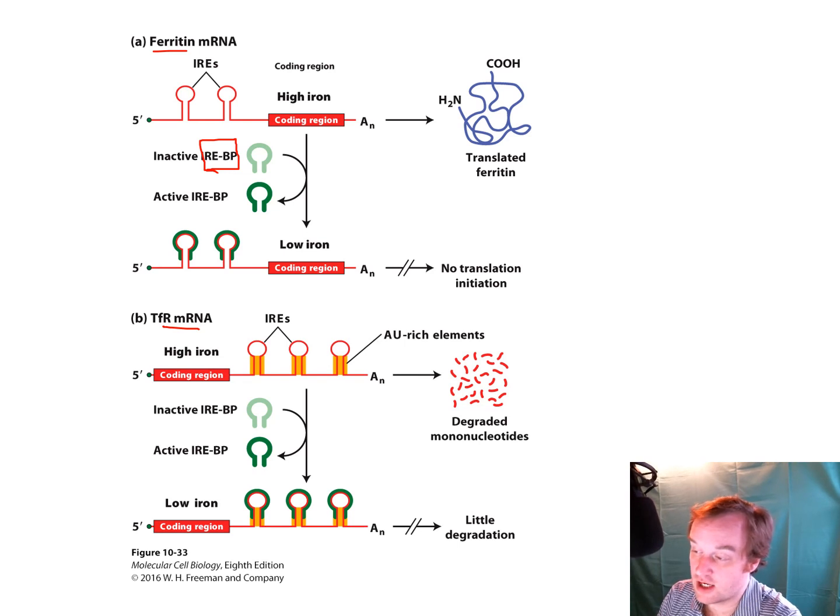And so the role of ferritin is that it is an intracellular molecule that binds up excess iron and kind of stores it. And transferrin is a membrane protein that brings iron into the cell if there's low concentrations. So ferritin reduces the amount of iron in the cell, and the transferrin increases the amount of iron within the cell.